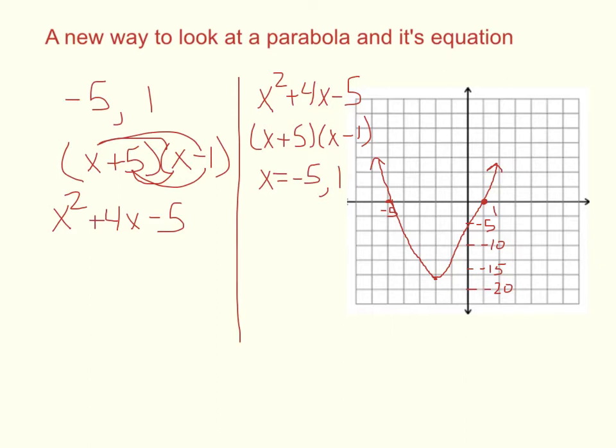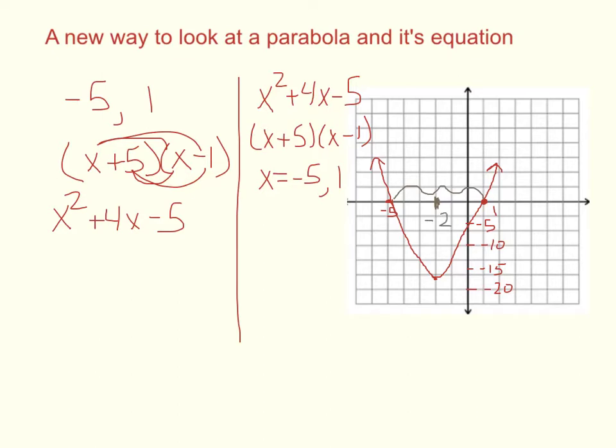Now, we know a parabola is symmetrical. So if we look at these roots, they're 6 apart, right? So from -5 to 1 is 6. So halfway is if we went 3, which happens to be right here at -2.